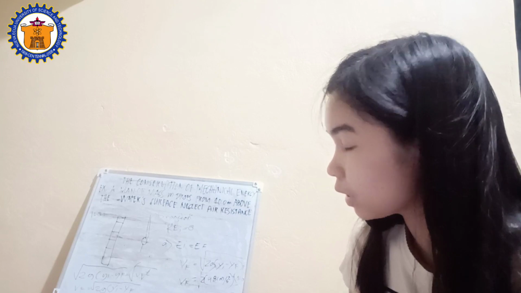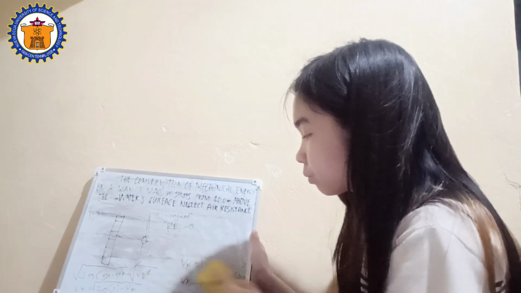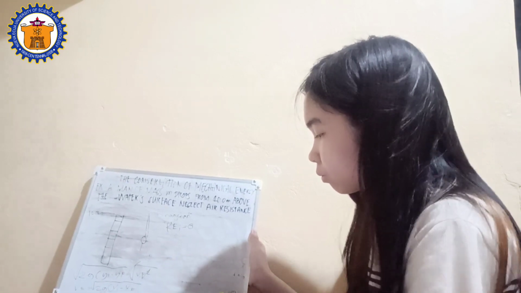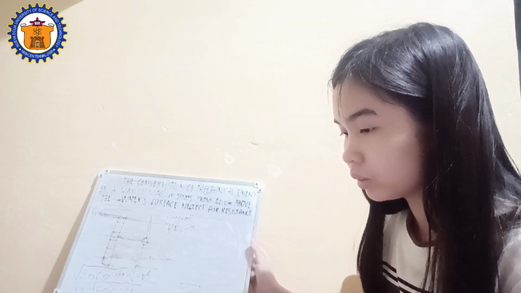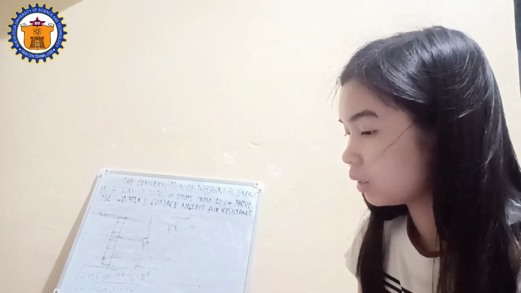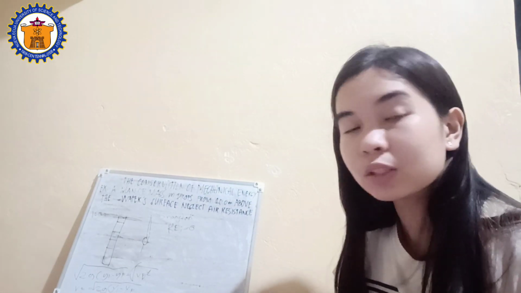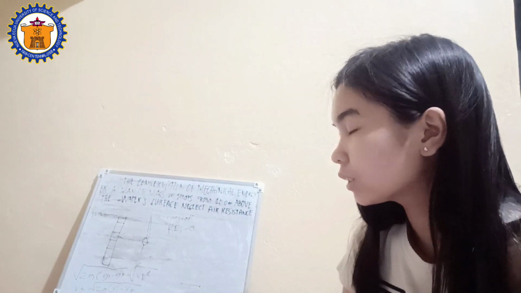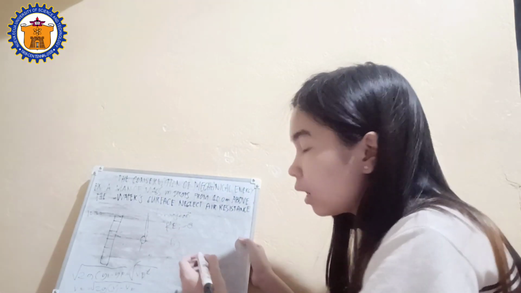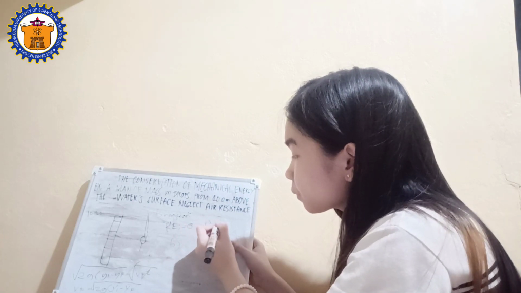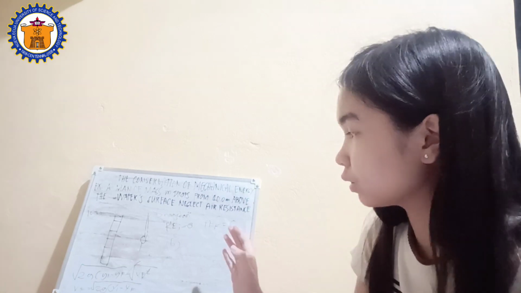And to solve for letter B, ang hinahanap naman kay letter B is to find his speed as he hits the water. So, final potential energy natin dito is equals to 0 na.